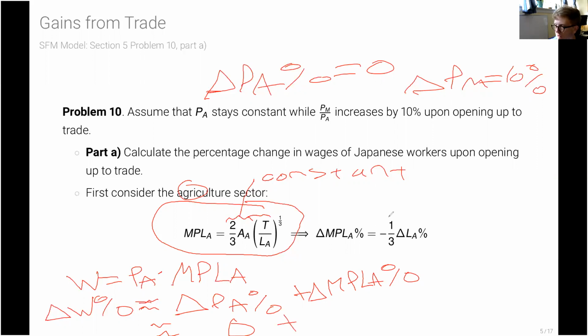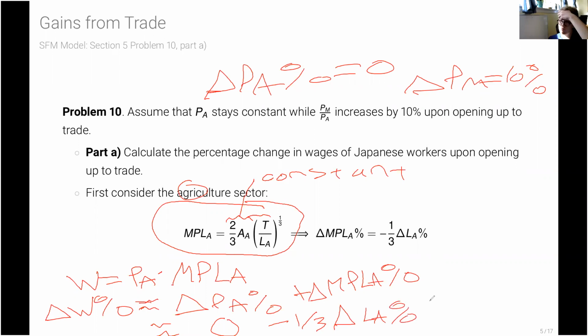Okay, I'm going to plug in my expression for percent changes of MPLA. And so the change in PA is equal to 0, and then the percentage change in MPLA is just equal to -1/3 times the percentage change in LA.